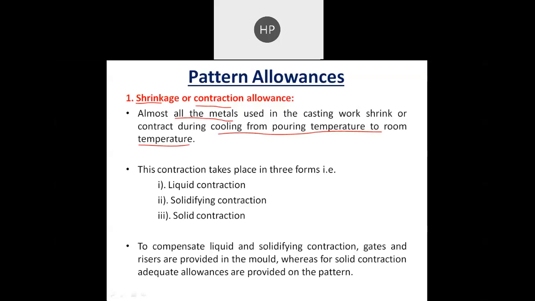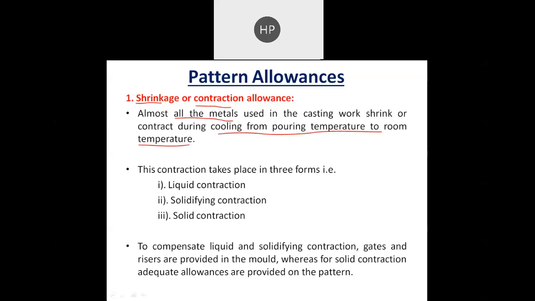We know that the volume of a liquid is larger than the volume of the solid. So when we pour the molten metal, it will be in liquid form, but when it is cooled from that higher temperature to room temperature, it is converted from liquid to solid, and during that conversion it will shrink, it will contract.